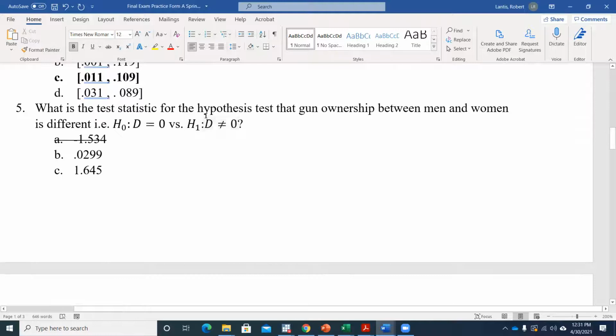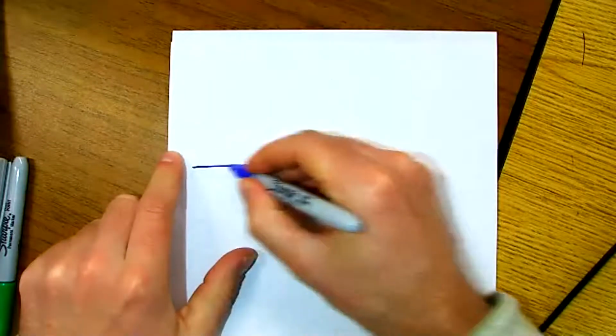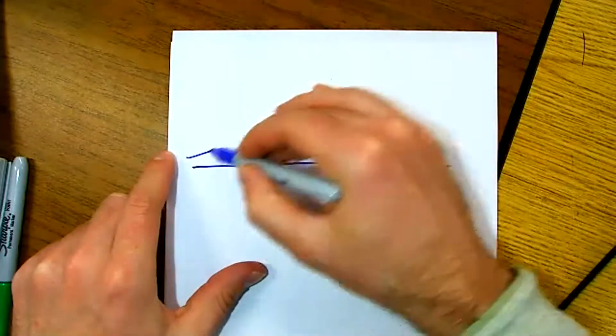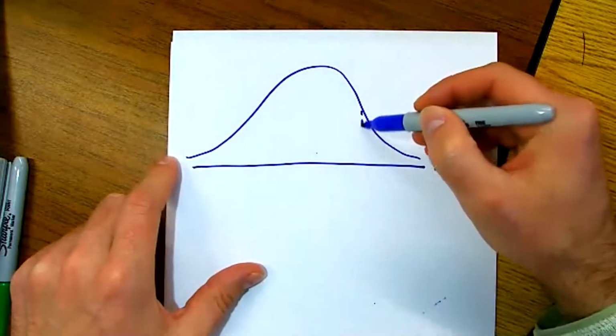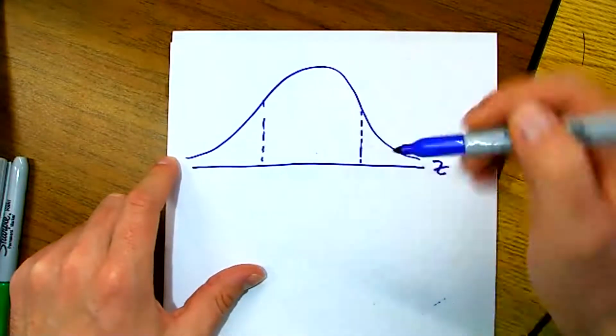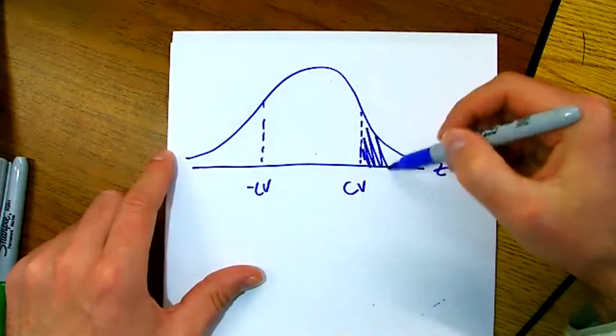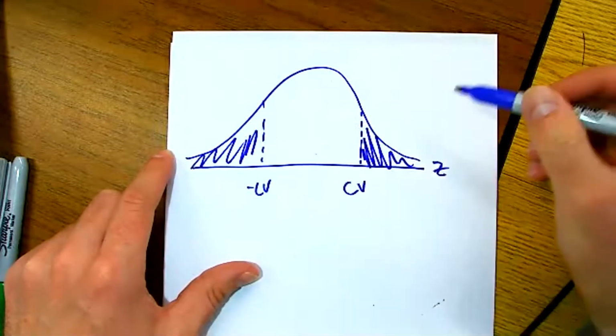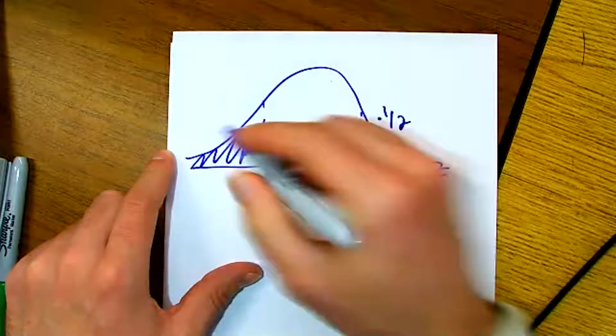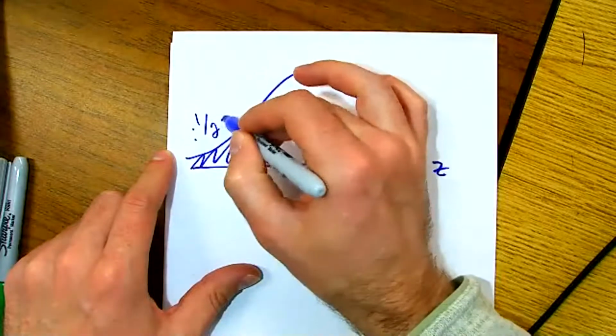Well, I forgot to explicitly mention what type of tailed test we have here. I've got a not equal to sign in that alternative hypothesis, so I have a two-tailed test. So what I'm thinking about is I'm dealing with this standard normal distribution, and for every single alpha value, say the alpha of 0.1, I'm going to have a pair of critical values that gives me alpha total in the tails, so alpha over 2 in each tail.